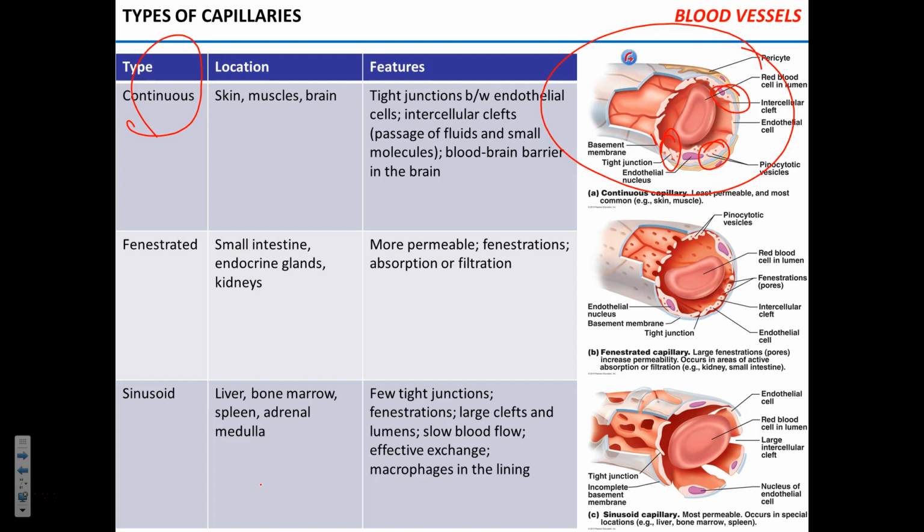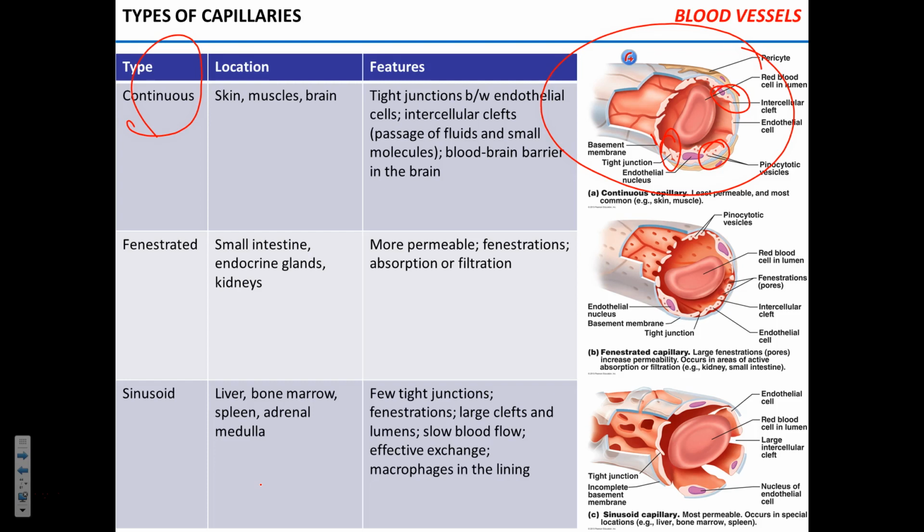You're going to find that in structures where you do not have a lot of very intensive exchange, or where the transport between the blood and the tissue has to be controlled. So that would be muscle, that would be skin, and of course, brain.